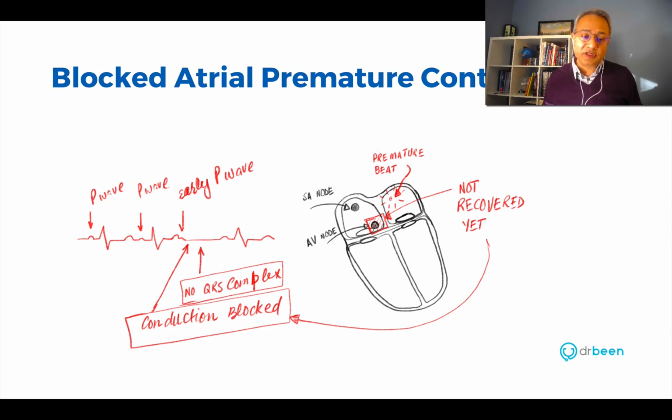But then you see there is no QRS complex. What happened? The AV node refused to conduct, and then after some time the next QRS complex and P wave came in. Don't worry that it looks a little dilated, that's just me drawing it incorrectly. So that is the blocked atrial premature contraction.